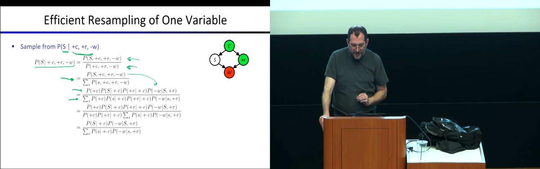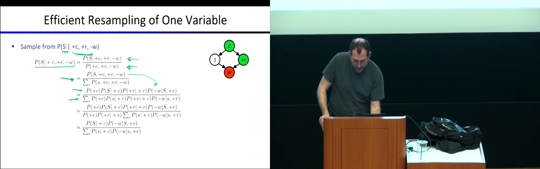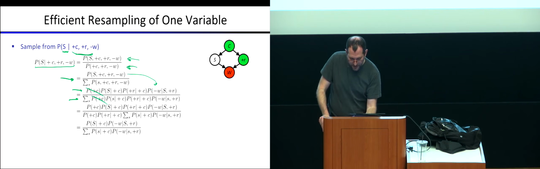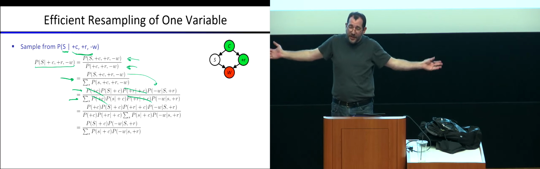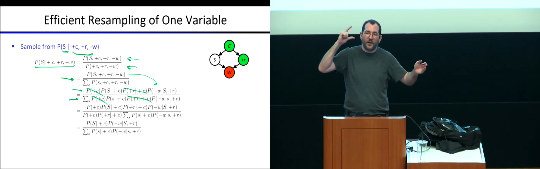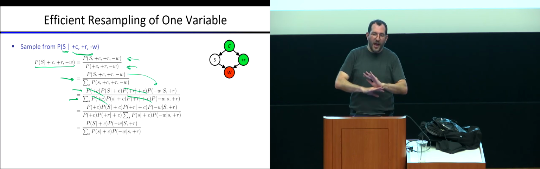And we see that quite a lot of those terms have nothing to do with S. Like P of plus C is in the numerator and the denominator. And P of whatever this is, plus R given plus C, is in the numerator and the denominator. In general, almost everything in the network is in the numerator and the denominator in the exact same way, because it doesn't mention this one variable that's changing. And so everything cancels out.